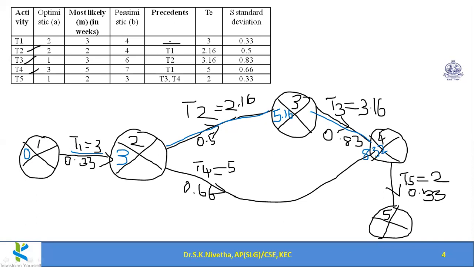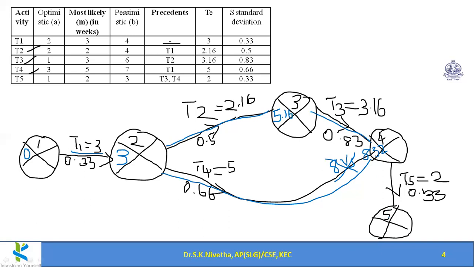Now this part is having 3 plus 5, 8. So 8 versus 8.32. Which is bigger? 8.32 is bigger. So 8.32 is taken.